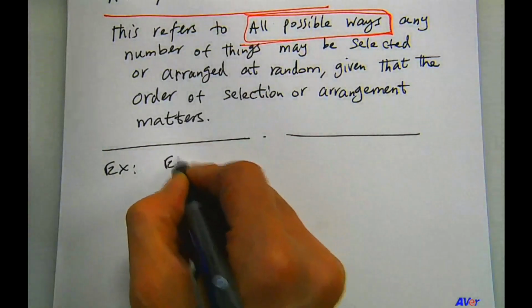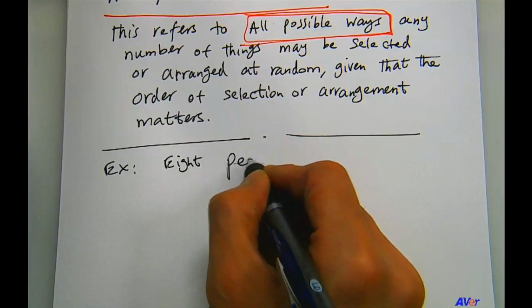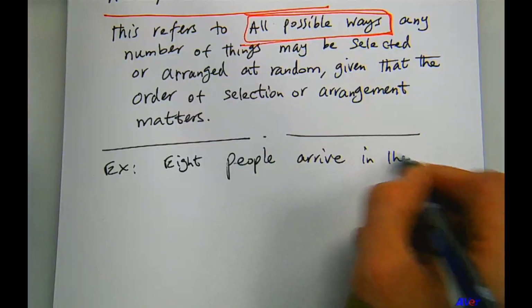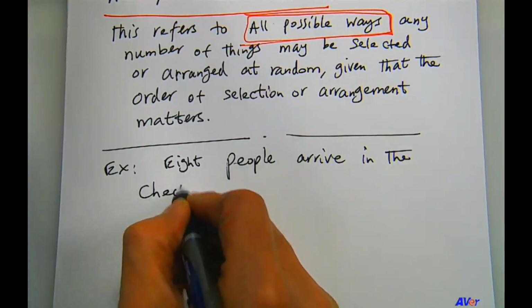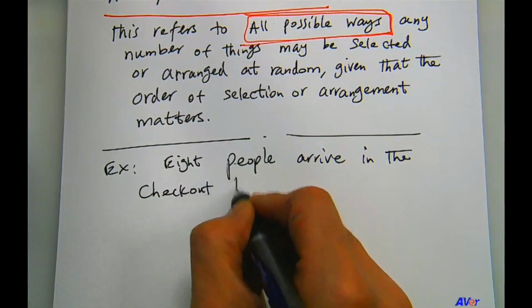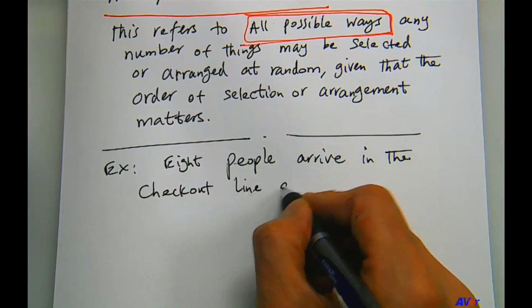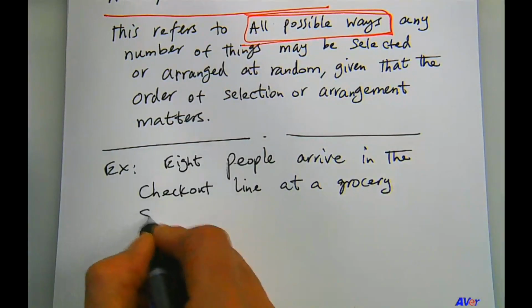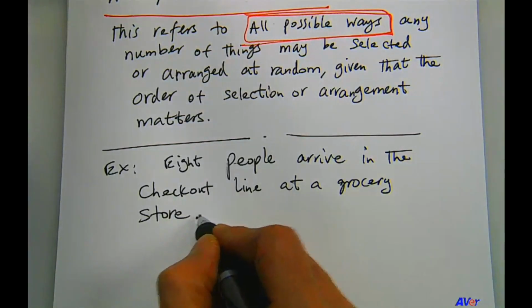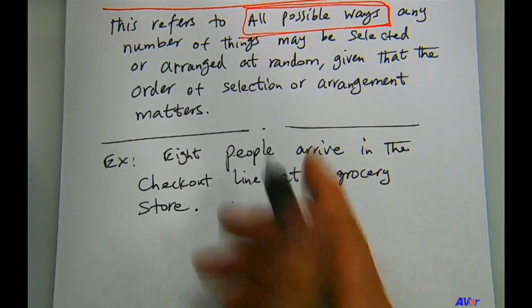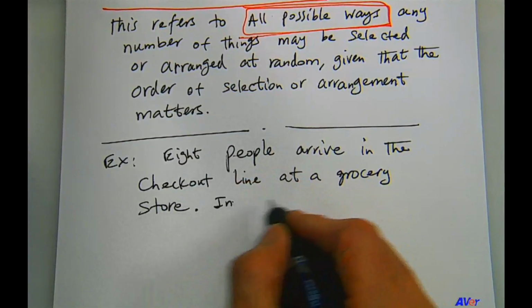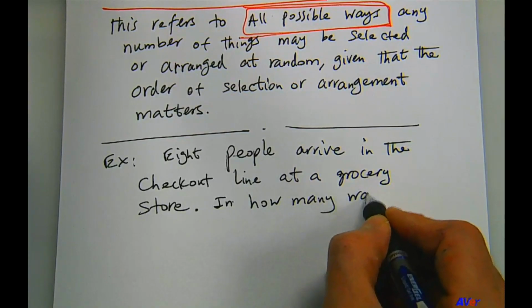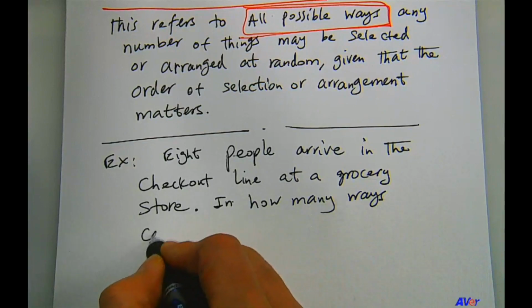So suppose we have... okay, so given this scenario, we want to know in how many ways can they line up.